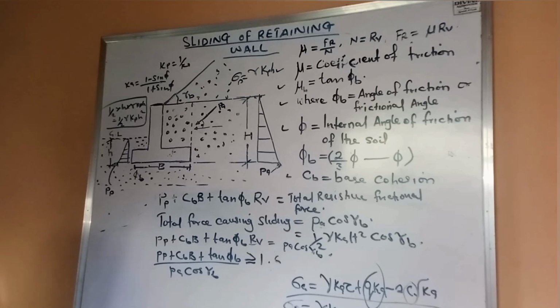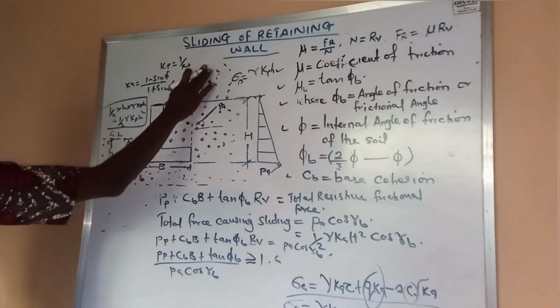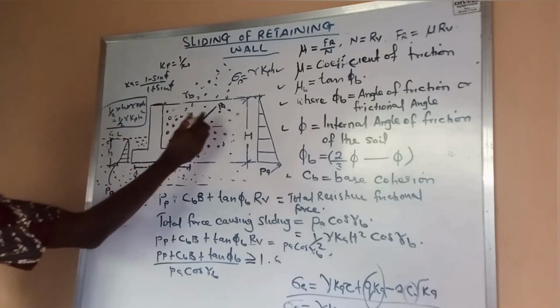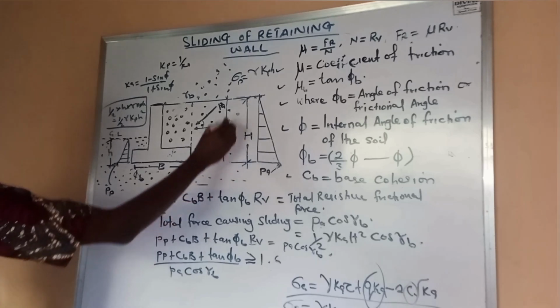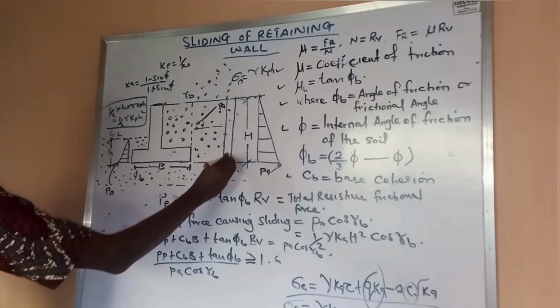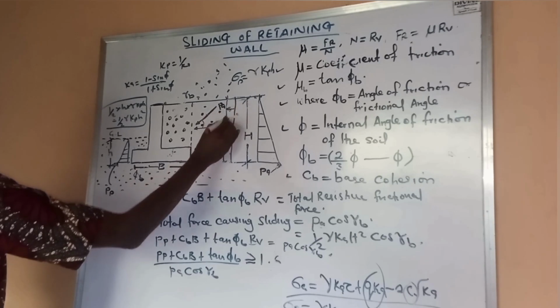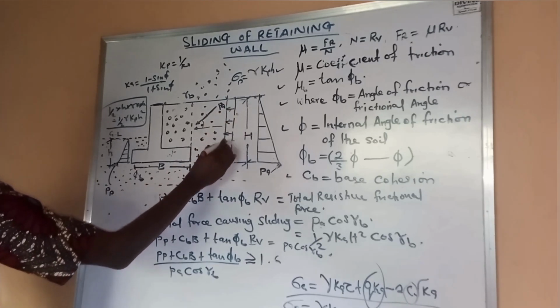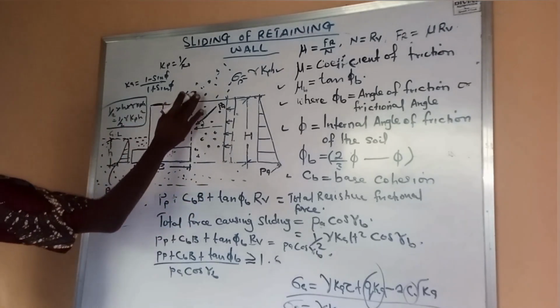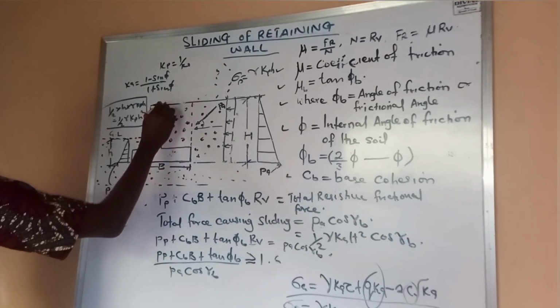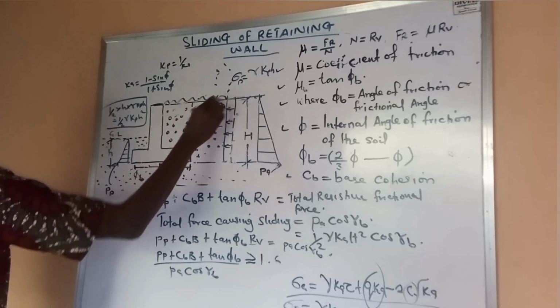Alternatively, in a case where we have the backfill that is not inclined, we are going to have a surcharge pressure. So if we have a surcharge pressure, the surcharge pressure is a uniform pressure that is acting laterally. So we can have that surcharge pressure acting on the cantilever wall in this direction. And we also have the surcharge load, which is a uniform load.